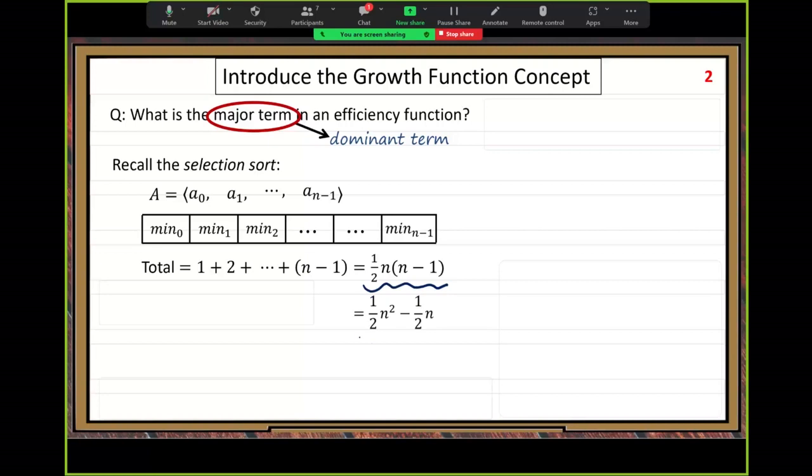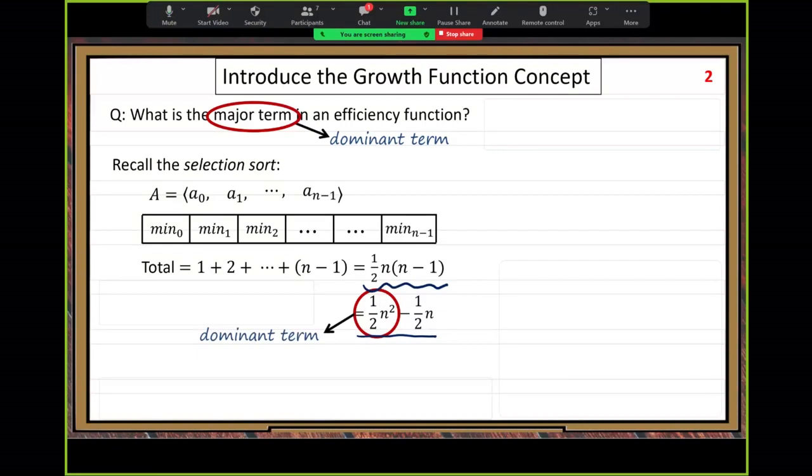Can we expand this formula, multiply out, and get two terms? The first term, 1/2 n squared. Second term, minus 1/2 n. Two terms. The first term is the major term, and we can treat it as the dominant term.